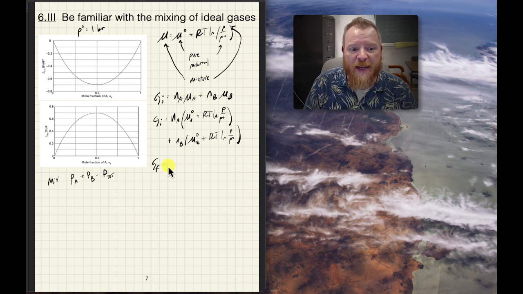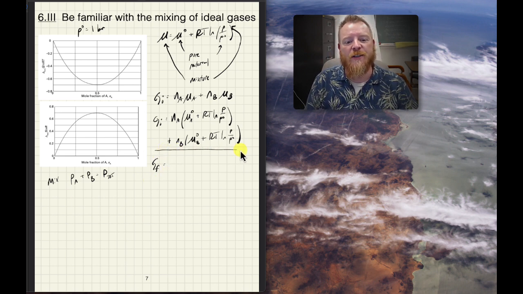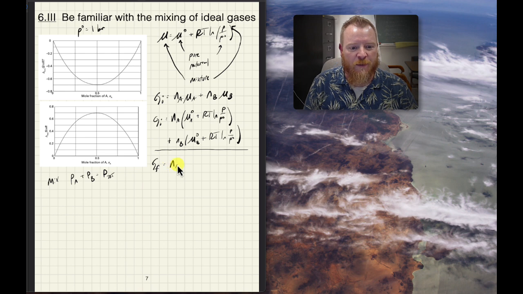Now when we go to G final, this is going to be the following. Now they've mixed, and this is going to look really subtle, but it's important to note these differences. I drew a line here just to signify that I'm doing a new line of work.